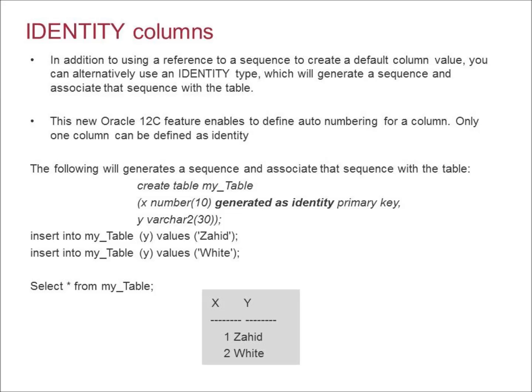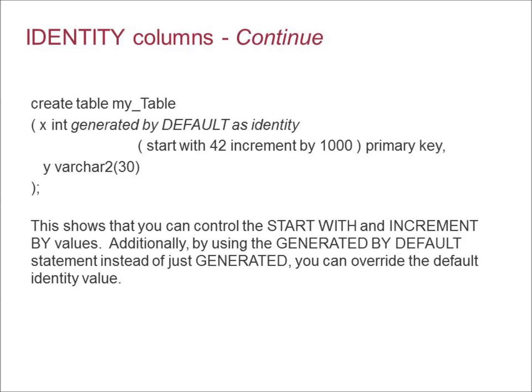You just create an identity column within the table, and that's pretty much all you need. Also, similarly, just like you can define the sequence with the start value and increment by, you could do the same thing with the identity column. Basically this shows that you can control the start values and increment values.